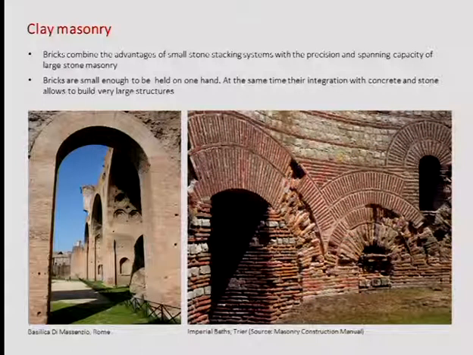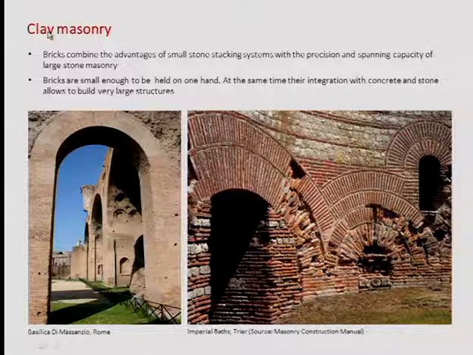But let's talk about clay masonry. What is that? We're talking about small bricks that you get out of clay, and there are a few advantages. The first, as I already said, is that they're small enough to be held in one hand.